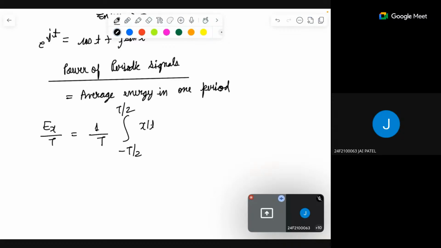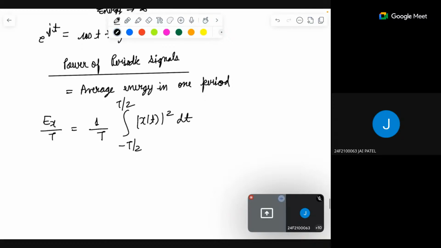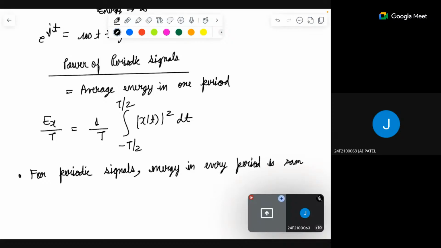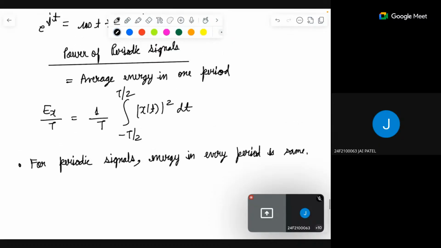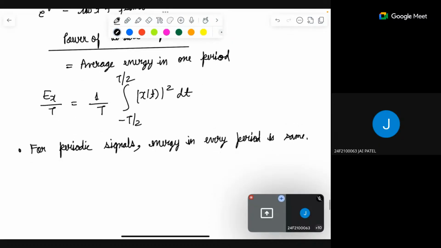For periodic signals, T will be finite, and we have this nice formula. Just like we discussed, for periodic signals the energy in every period is the same. So power is average energy over time.